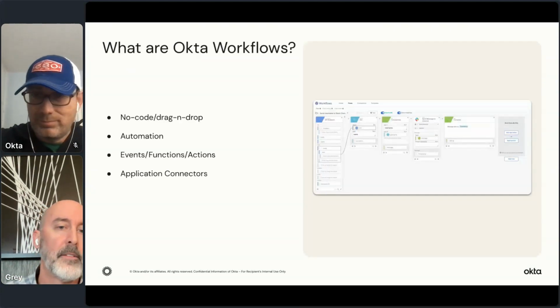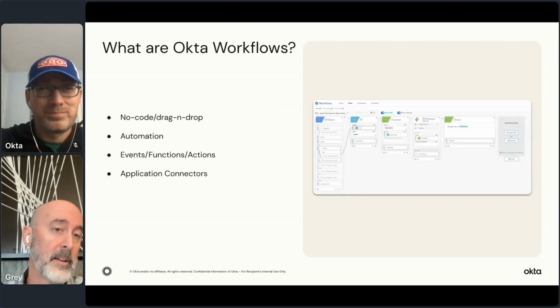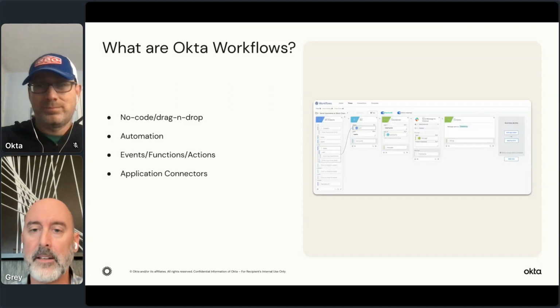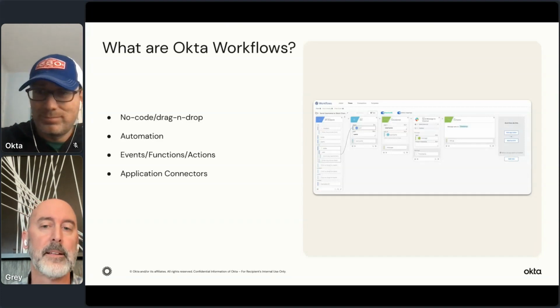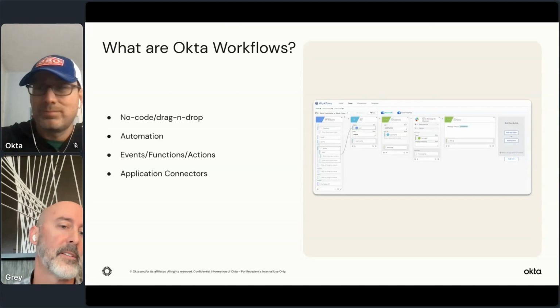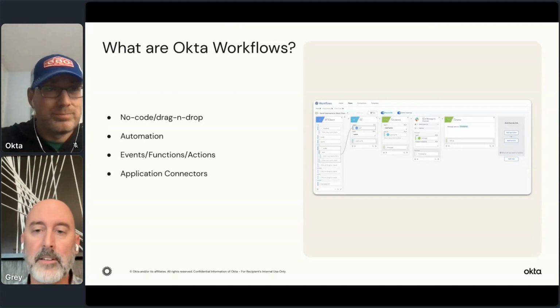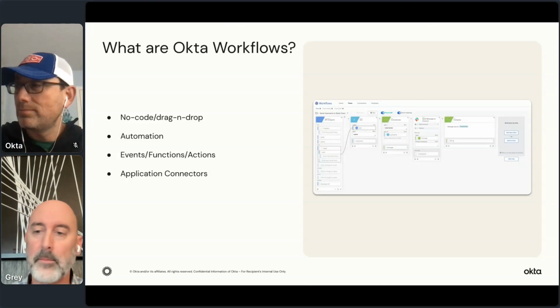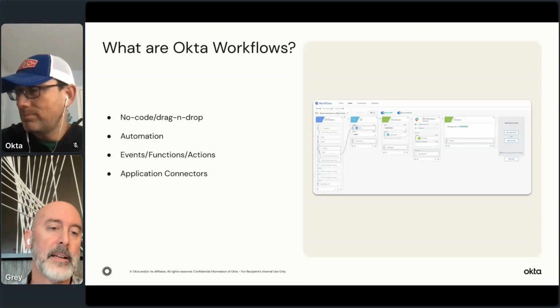But first of all, I'm assuming everybody knows what Okta Workflows is. I think Max has held a few of these, but just in case anybody isn't real familiar with that, it's Okta's no-code drag and drop automation platform. So little picture on the right there.